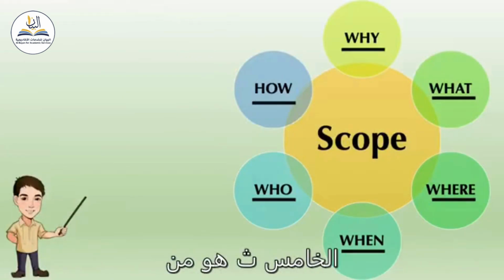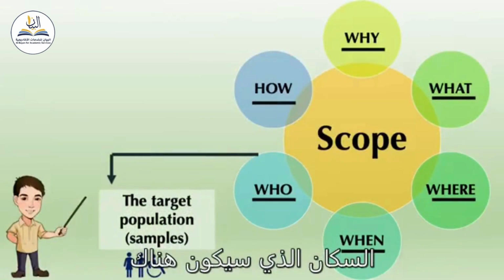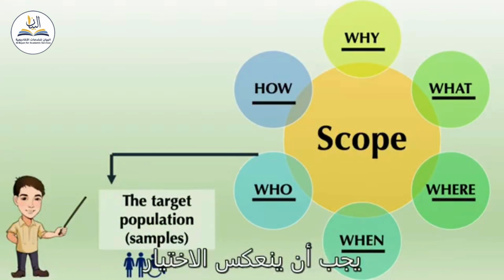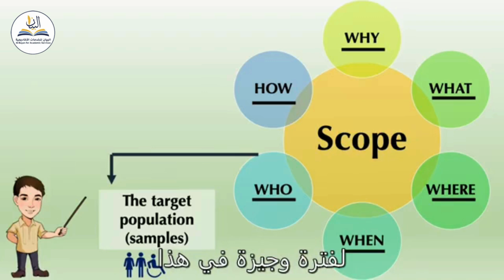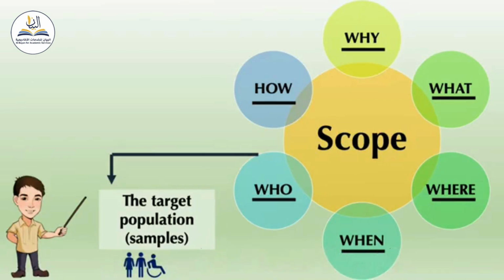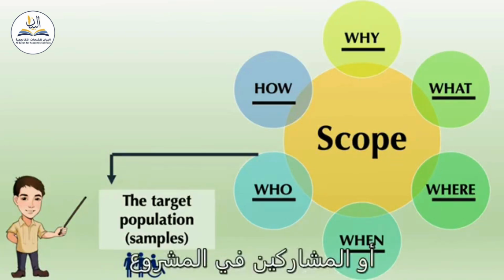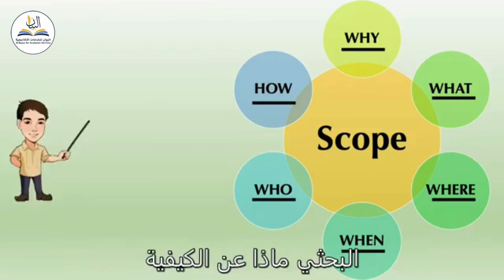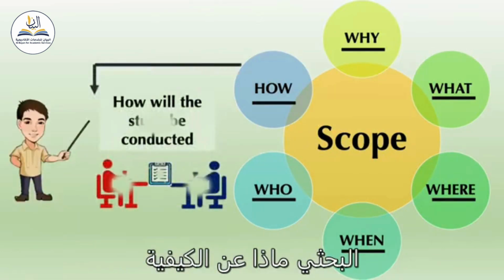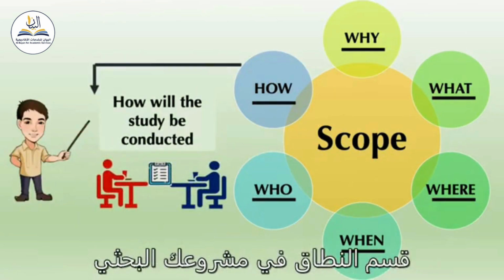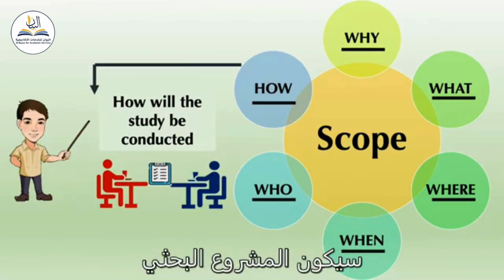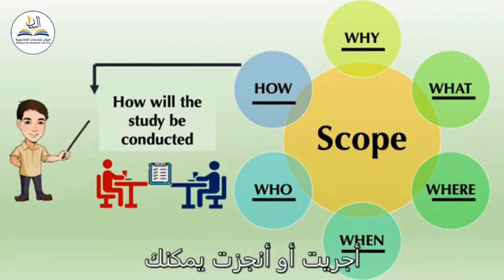The fifth W is who, and the population from which they will be selected should be briefly reflected in this section. Who will be the respondents or participants of the research project? What about the how? The scope section of your research project should also highlight how the study will be conducted or accomplished.